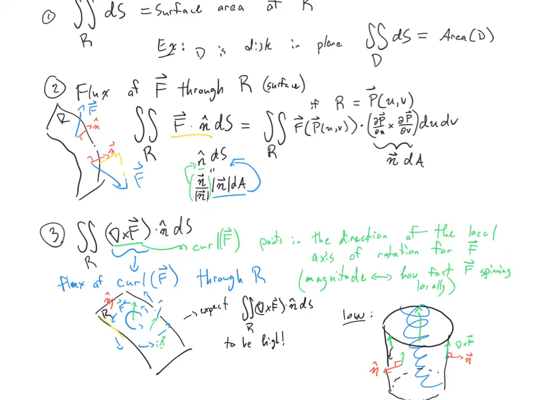And if you look at the boundary of R, which would look something like this here, Stokes' theorem tells me that this has to equal the integral around the boundary of R of the flow of F. And you can see that along that boundary, F is making the vector field flow along that boundary, because it's circulating around the surface.